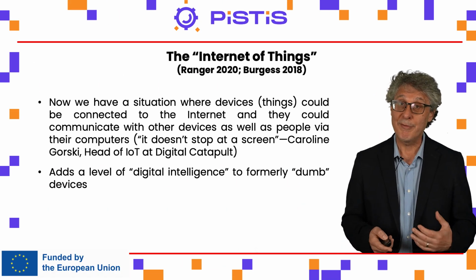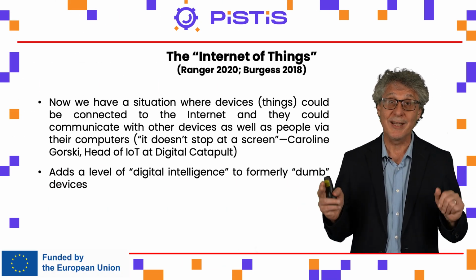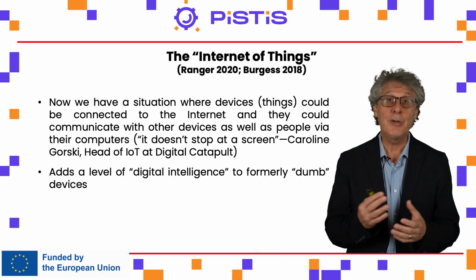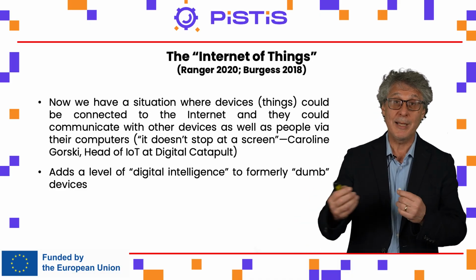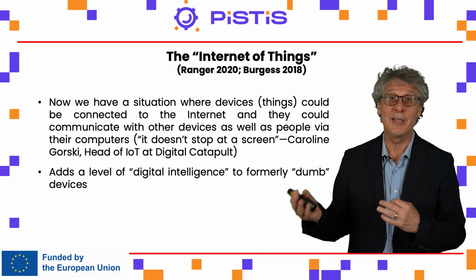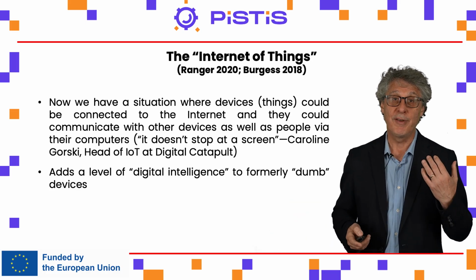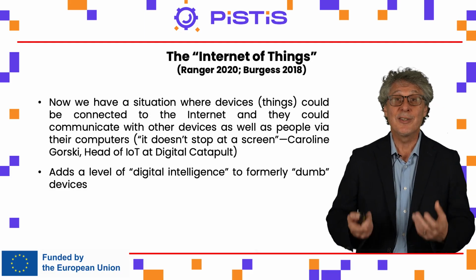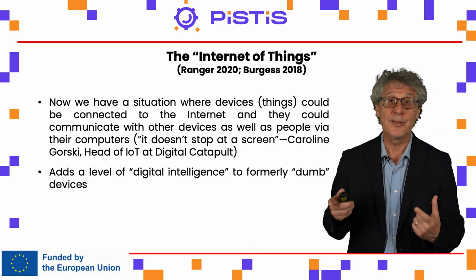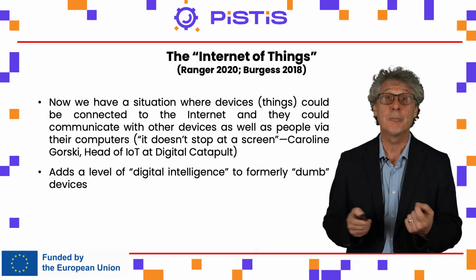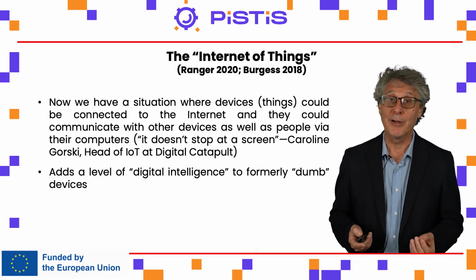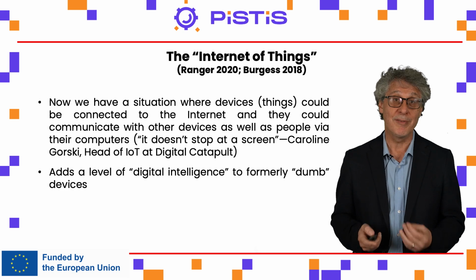Now, we have a situation where the devices or things could be connected to the internet or other networks, and they could communicate with each other, as well as with people. The famous quote by Carolyn Gorski was, "It doesn't stop at a screen." IoT doesn't stop at a screen. It could be machine-to-machine communication, and this adds a level of digital intelligence to formerly dumb devices.